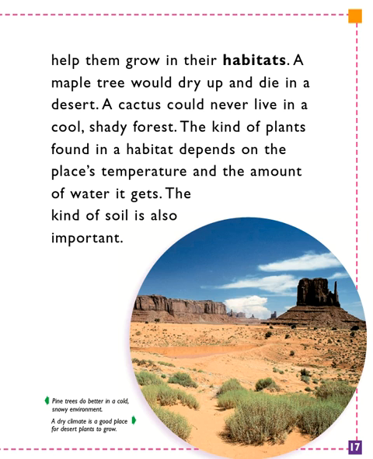So they're made in ways that help them grow in their habitats. A maple tree would dry up and die in a desert. A cactus could never live in a cool, shady forest. The kind of plants found in a habitat depends on the place's temperature and the amount of water it gets. The kind of soil is also important.